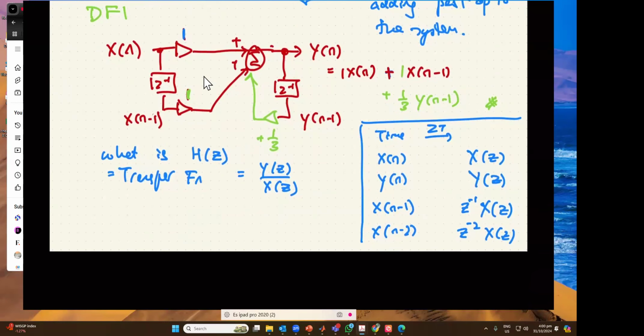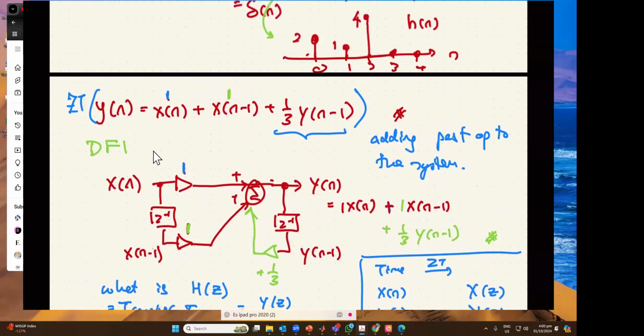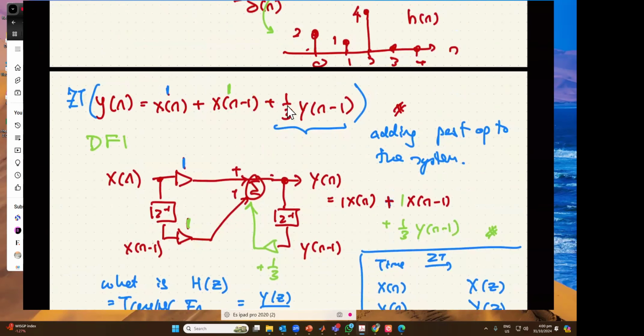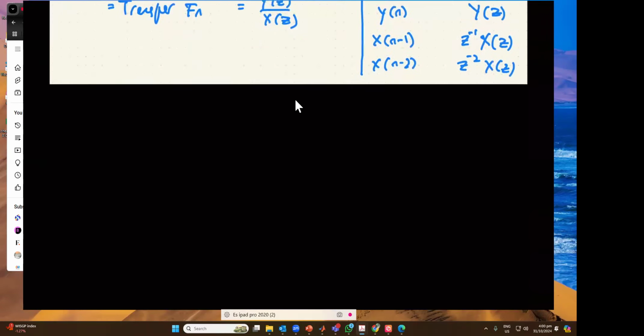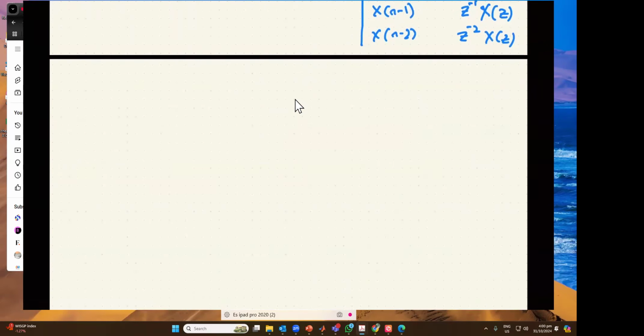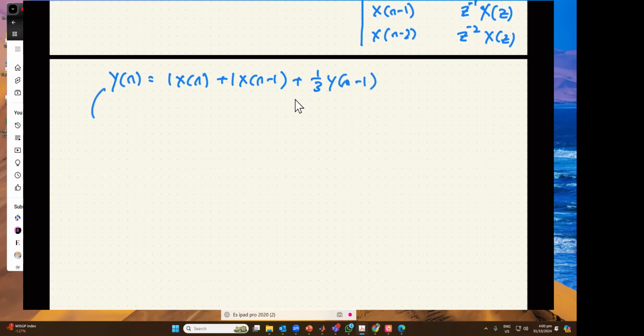Never mind, I'll just rewrite this equation on the top one. y[n] equals 1x[n] plus 1x[n-1] plus 1/3 y[n-1]. And now the Z transform.